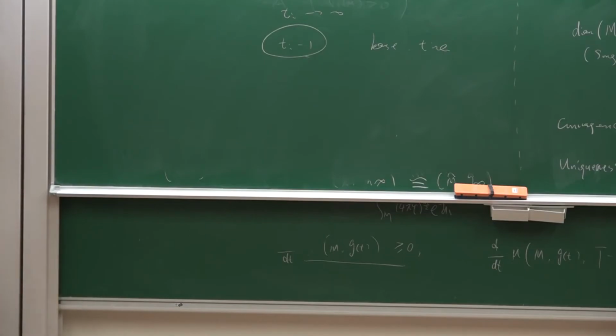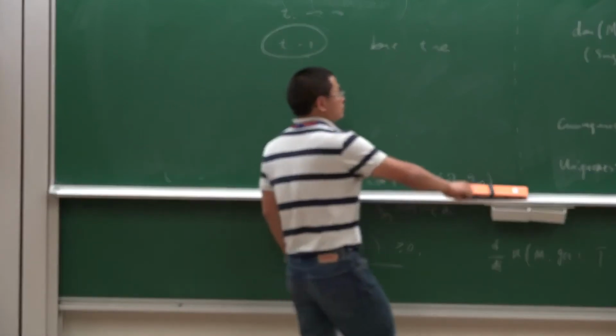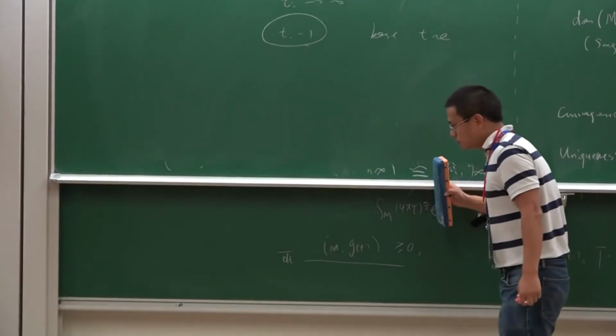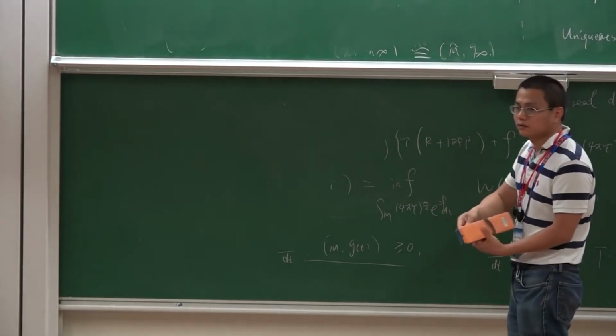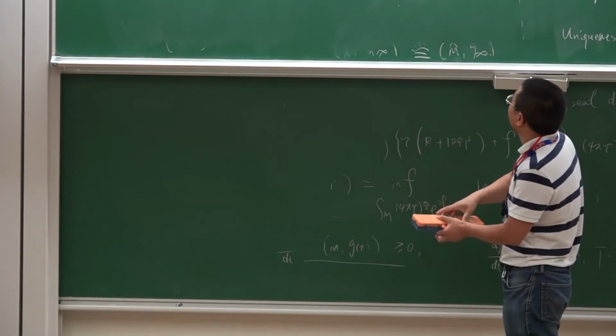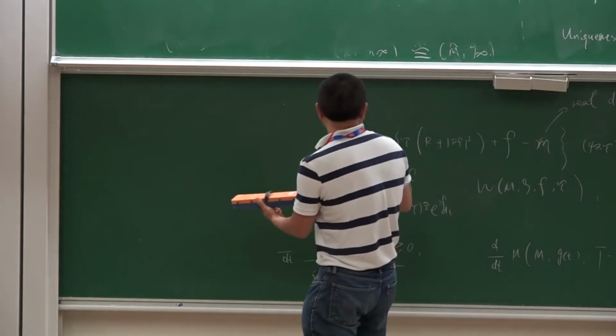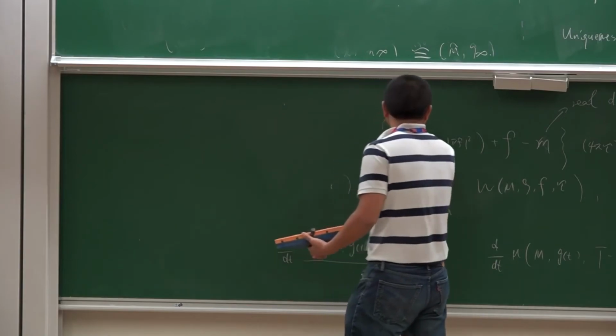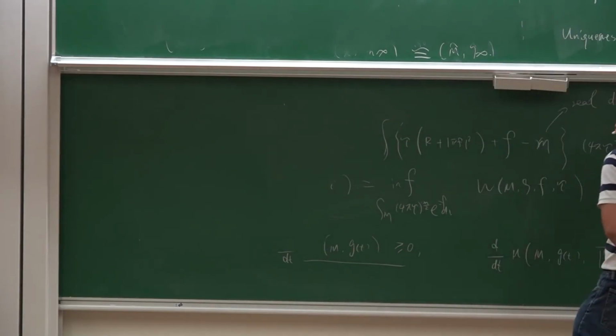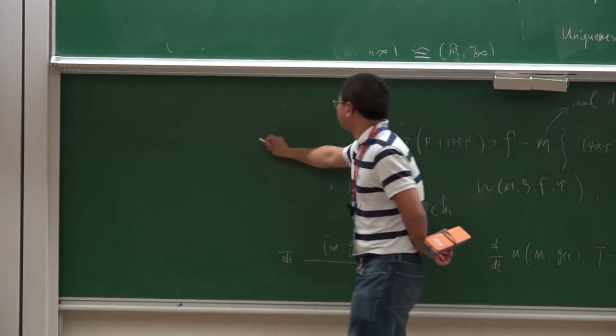Okay, so then how do I show this? We need to really understand this function. This is the integral in tau, the W functional.